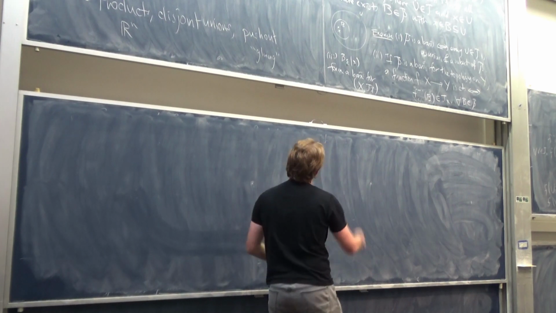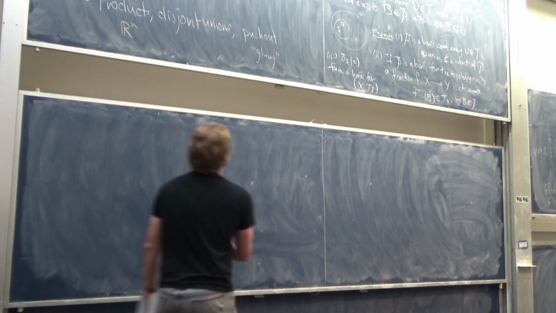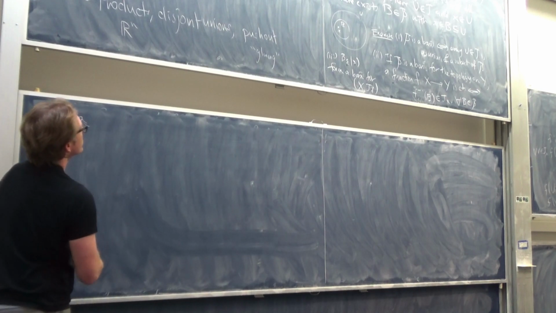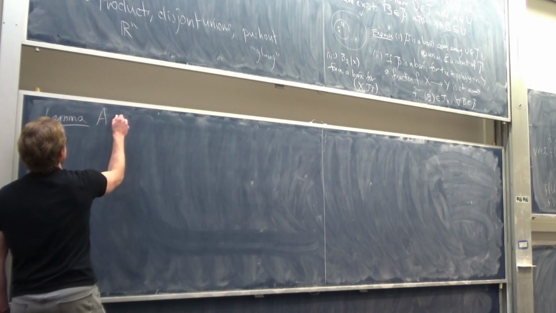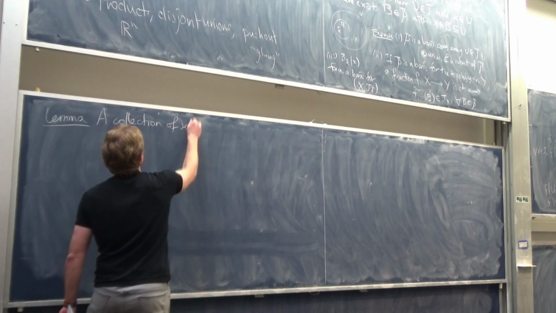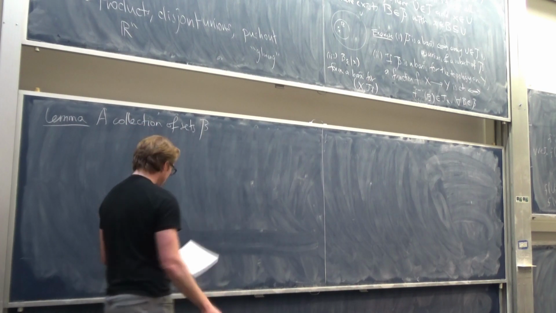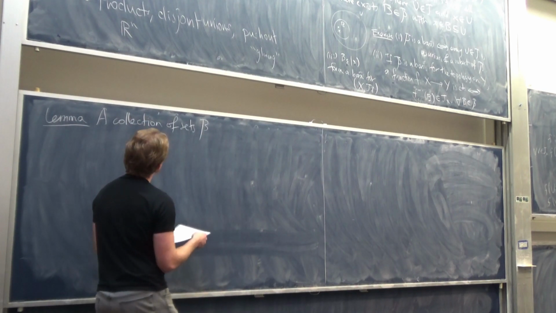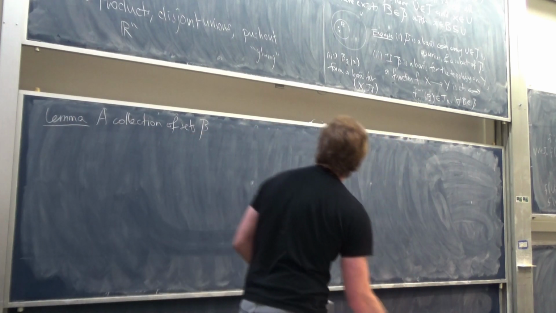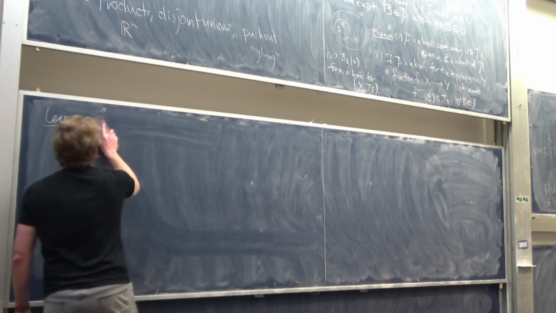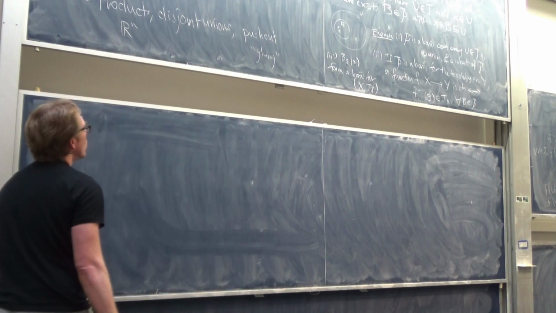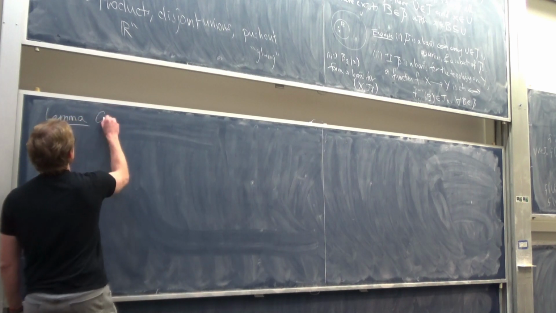Okay, so let's prove something about bases. So the question is, if I have a set X and some collection of subsets, when is it the basis for some topology?